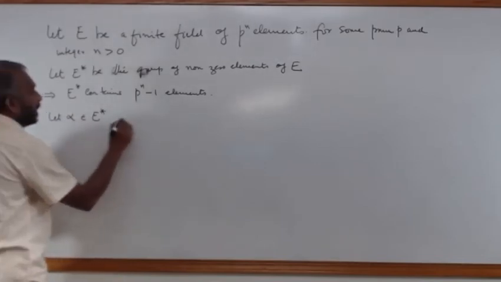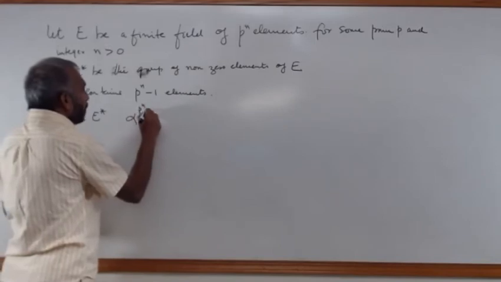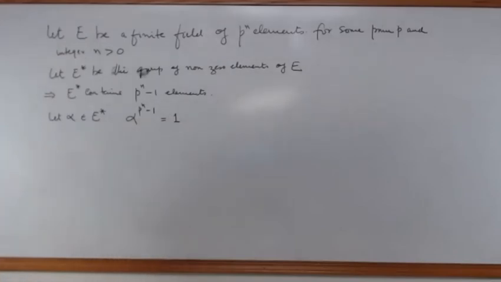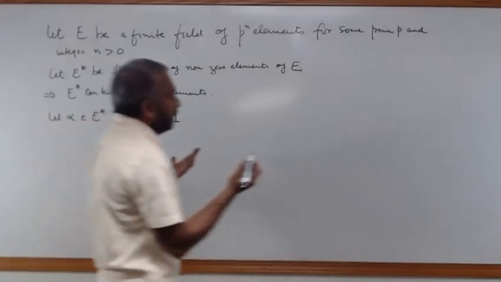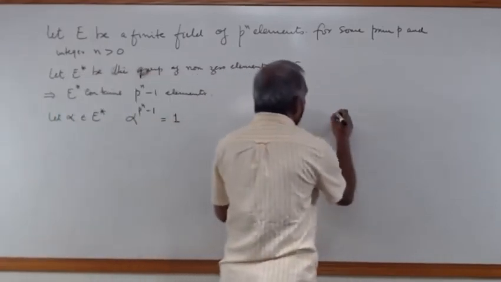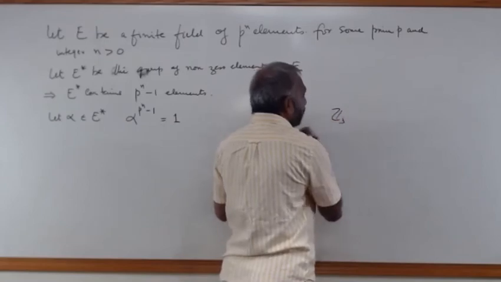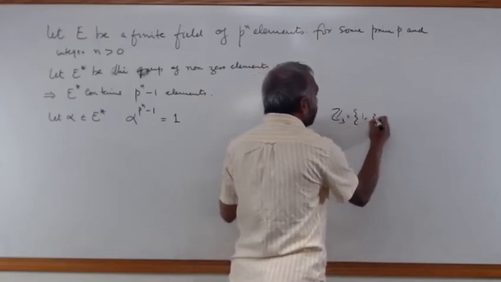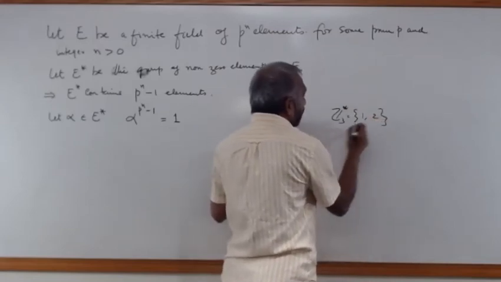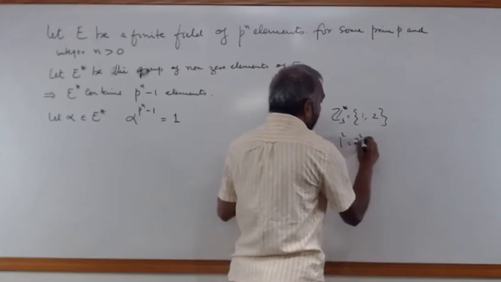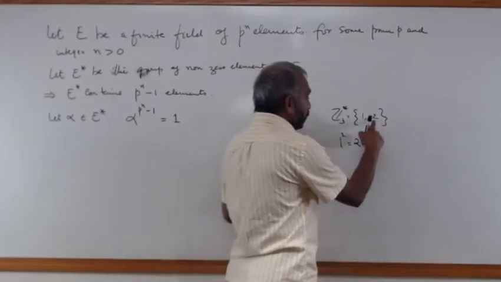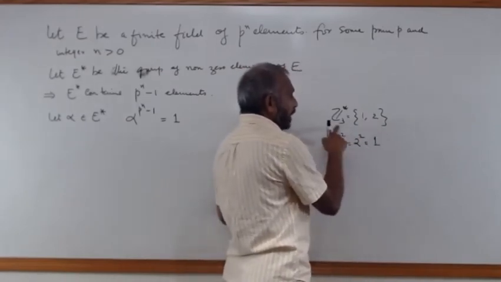So this means alpha to the power of p to the power of n minus 1 is 1. Because if you take a finite field with the product, like let us say Z3, 1, 2 star, then 1 square is equal to 2 square is equal to 1, since 2 square is 4, mod 3, 1.